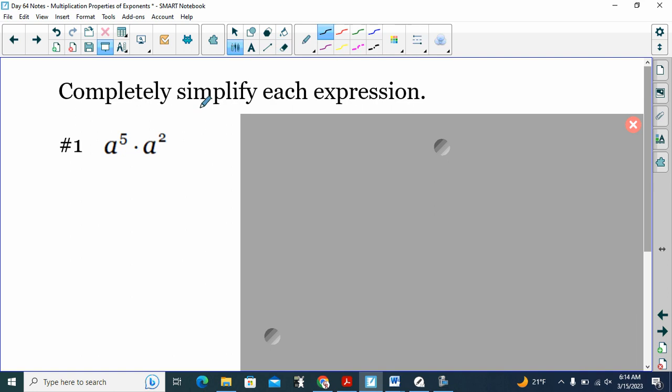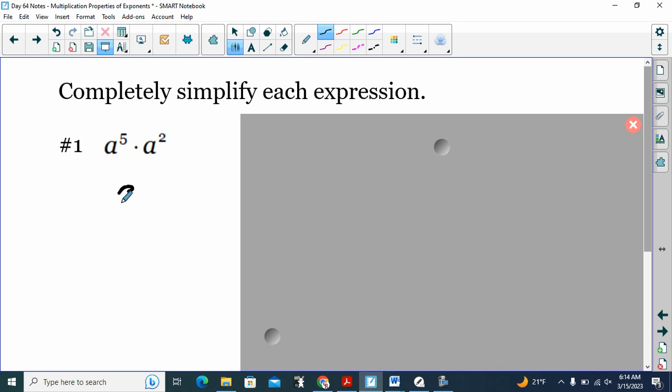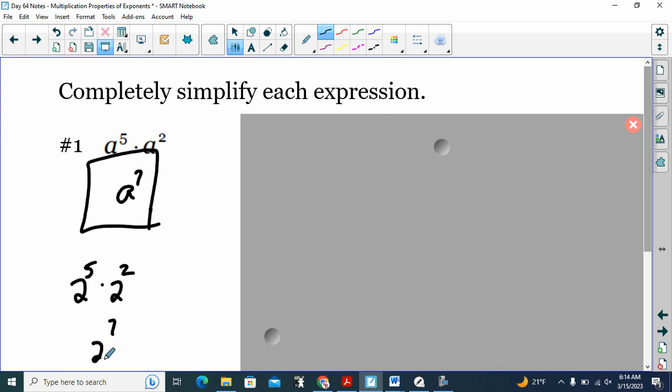I just add my exponents. 5 plus 2 is 7. Notice the base stays the same. It's just a. A to the 5 plus 2, a to the 7th. Even if the a was a number, if it was like 2 to the 5th times 2 to the 2nd, we add the exponents. The base stays the same. It would be 2 to the 7th in that case.